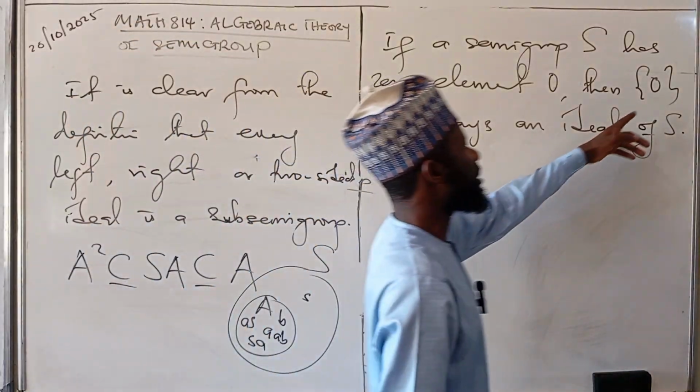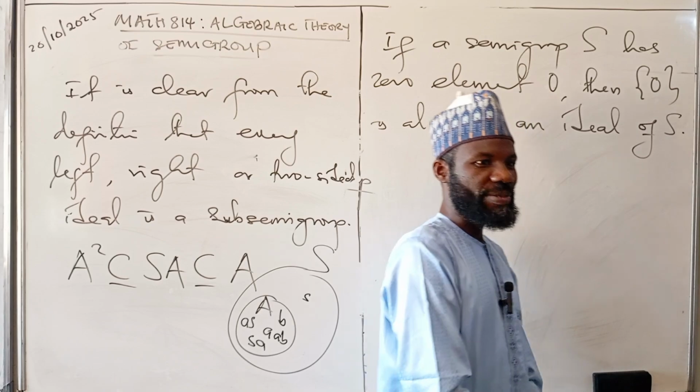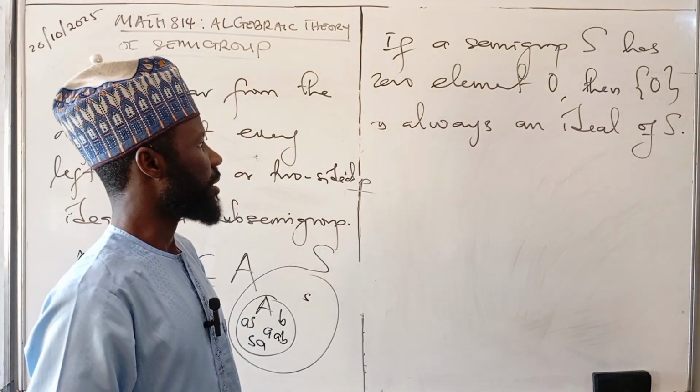Because anything you multiply with 0, you get 0. So the entire product is always inside there. Are you following? 0 is a very powerful element of the system.